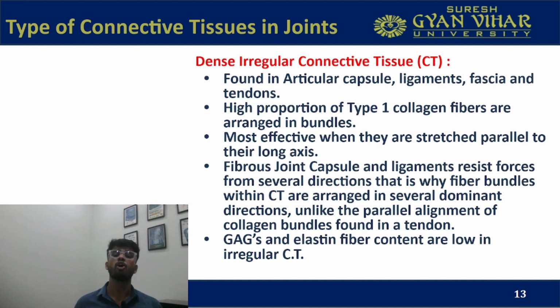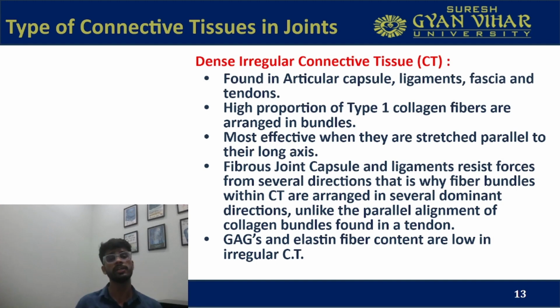The reason is to provide multi-directional stability to the joint, because the joint can experience force from any direction. So if it is experiencing force from a certain direction, then there have to be some fibers parallel to that, so that they will provide maximum resistance.